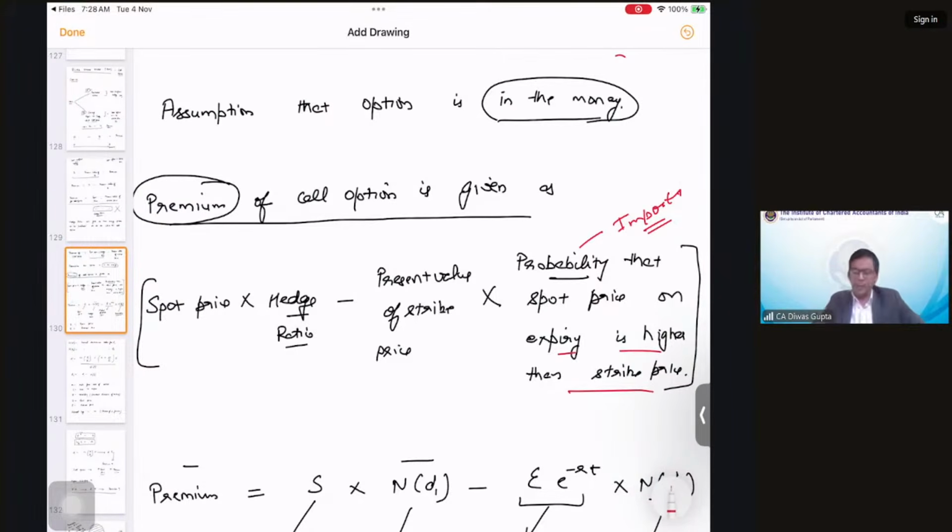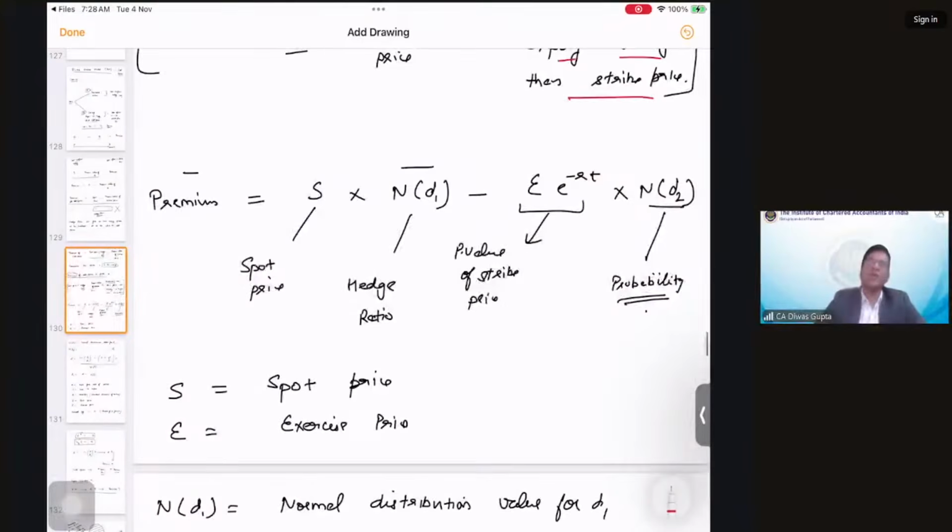Okay, then if we rewrite this formula, premium is equal to spot price multiplied by N(d1). N(d1) is basically the hedge ratio.